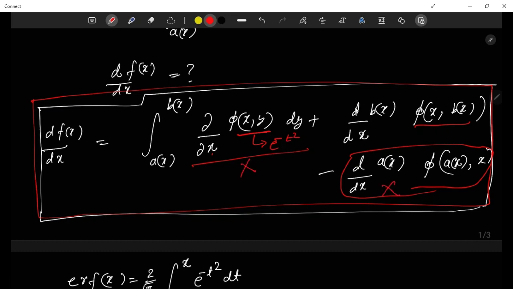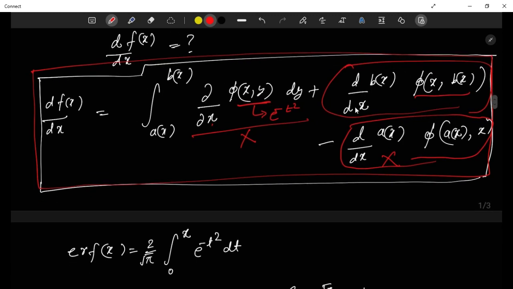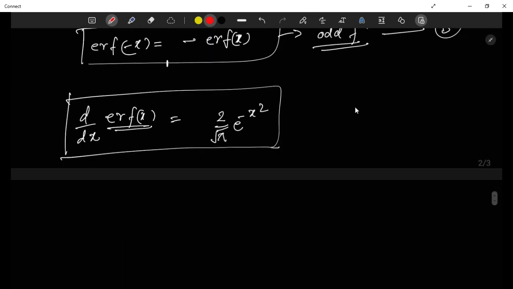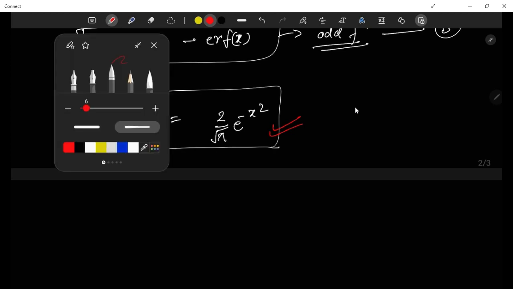You will have only the non-zero middle term when you differentiate the error function, correct? So here we go, and you get this, the derivative of the error function.